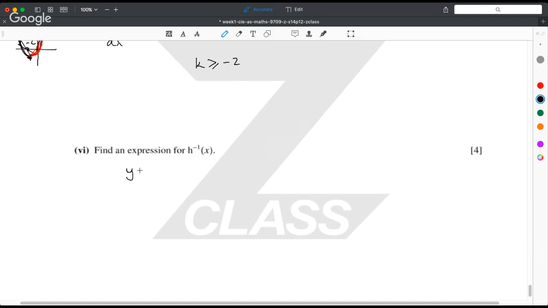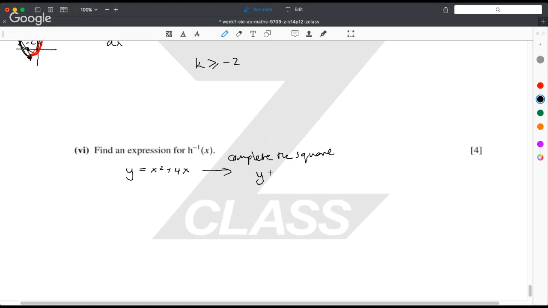So I'm going to call h y. So y is equal to x squared plus 4x. And the procedure here is always to rearrange for x and then switch the labels of x and y. So this initially looks a bit weird and hard to do, but the trick is to complete the square, because you want to extract the x out without mixing everything up.